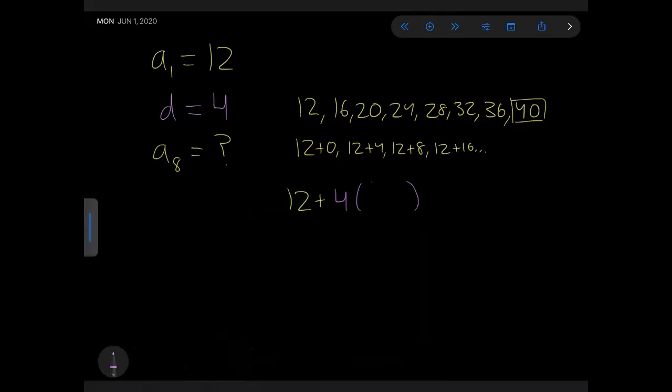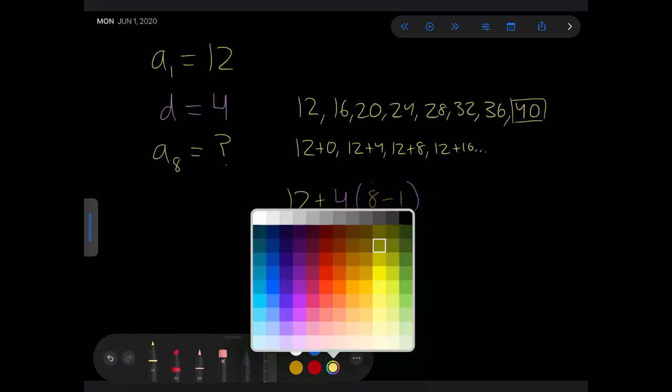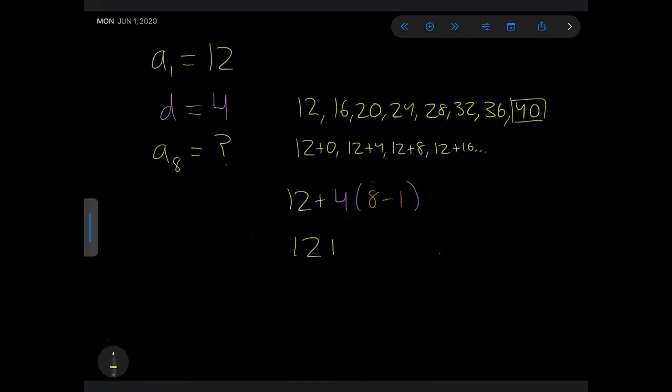It's the number of terms separating the first term and 8th term, which is 7 terms, because 8 minus 1 is 7, right? So we'll say 8 minus 1 here. And what do you know? This turns into 12 plus 28 is equal to 40. Pretty straightforward.